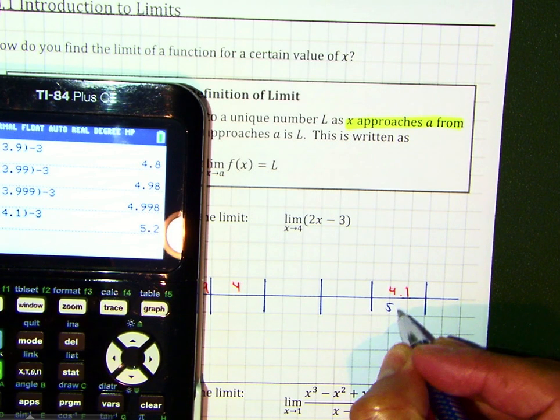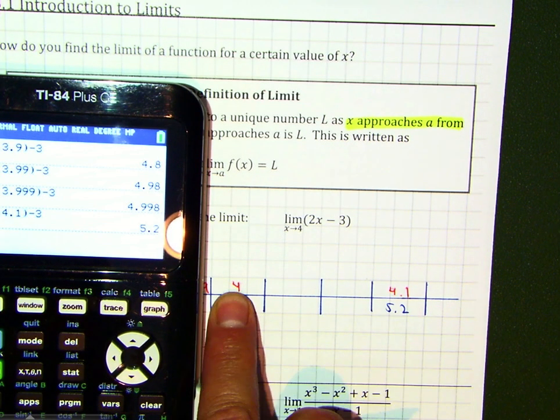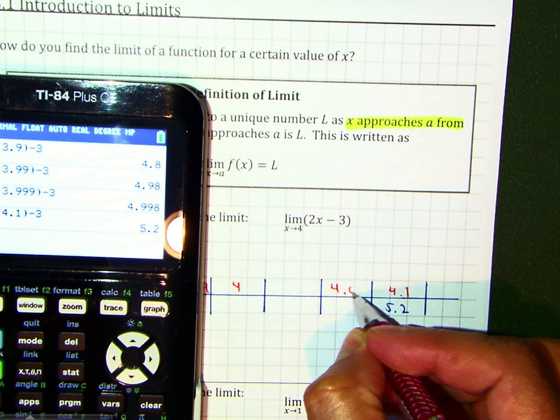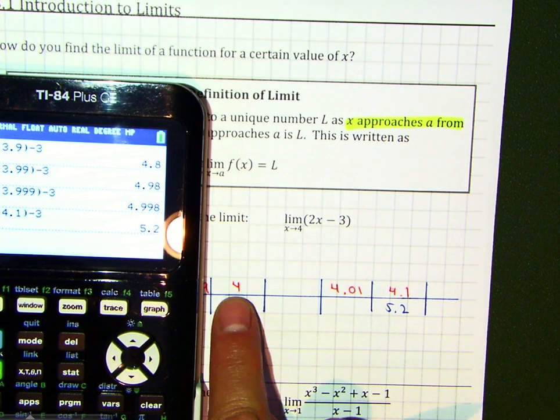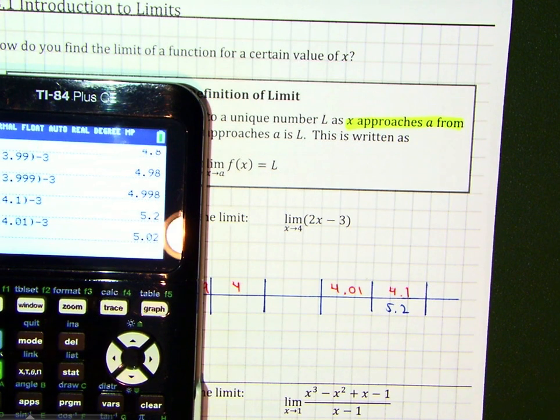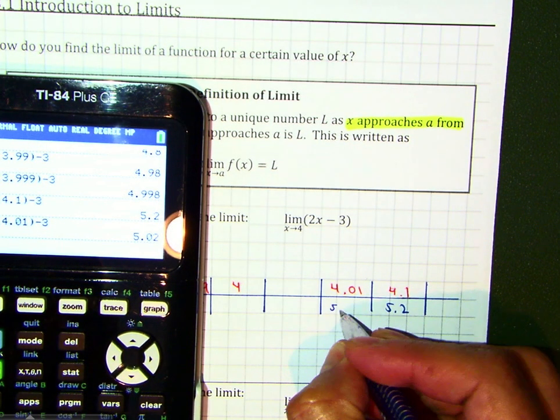I want a number closer to 4, so I'm going to use 4.01. It's going to get very, very close to 4. So 2 times 4.01 minus 3 will give me 5.02.